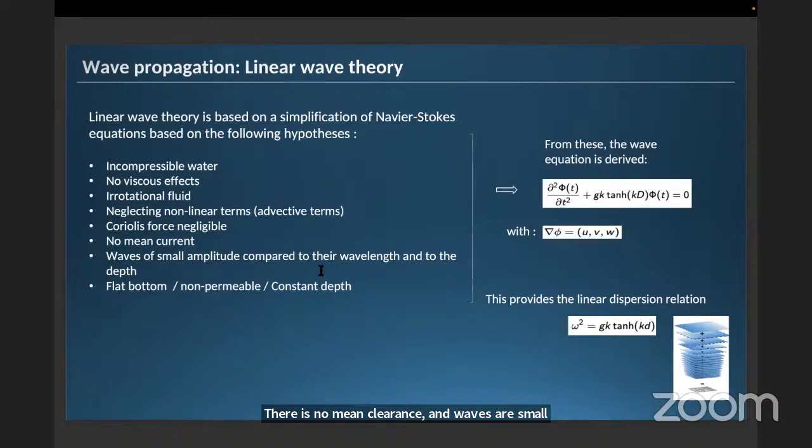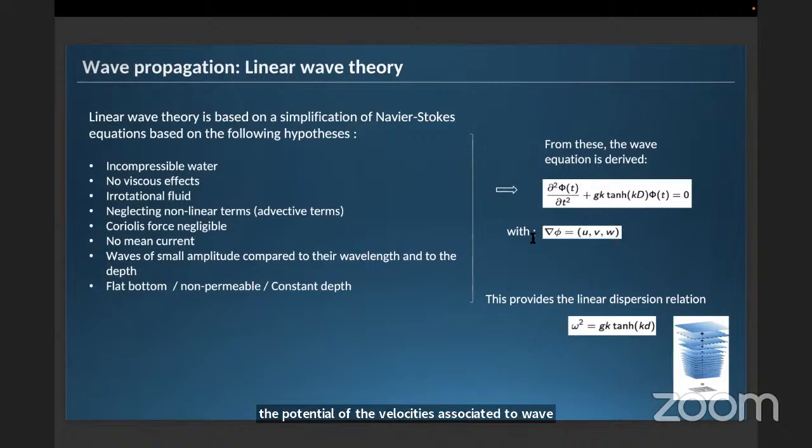So from this, considering Navier-Stokes and all these hypotheses, we can derive the typical wave equation that is written on the right. And from that, we can have a classical linear dispersion relationship. This is characterizing the wave potential, which is the potential of the velocities associated to waves.